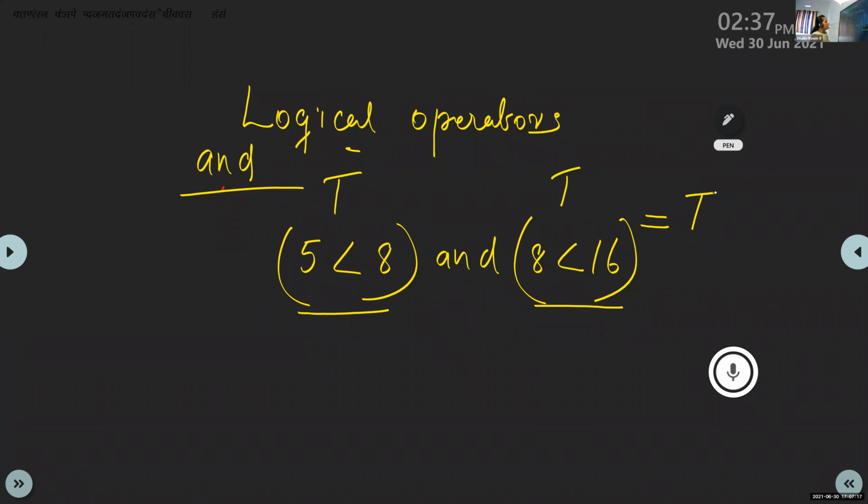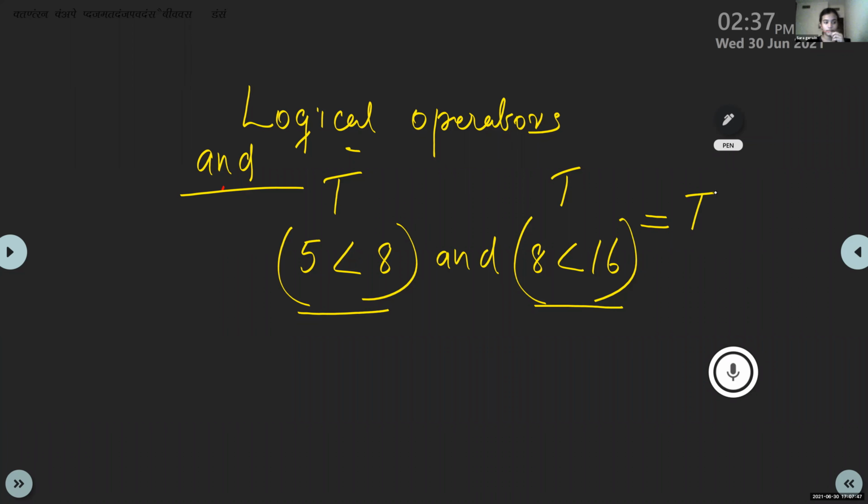Just like the word meaning of AND: if A is true and B is true, then the result is true. Is it clear, Sarah?